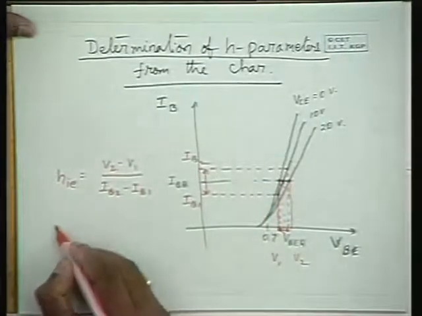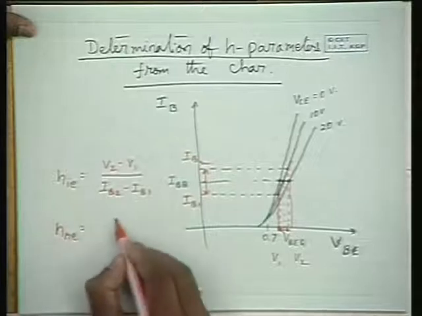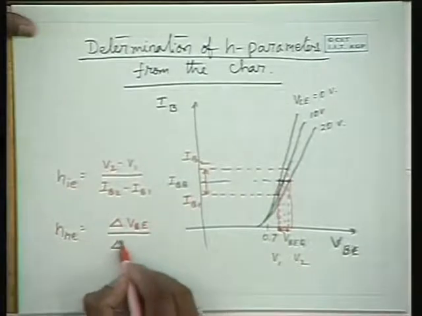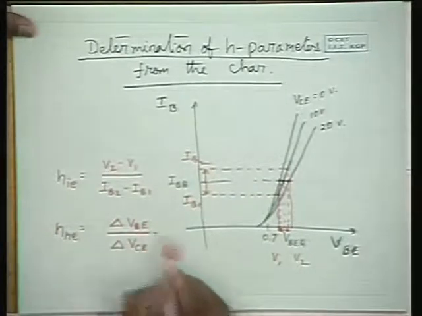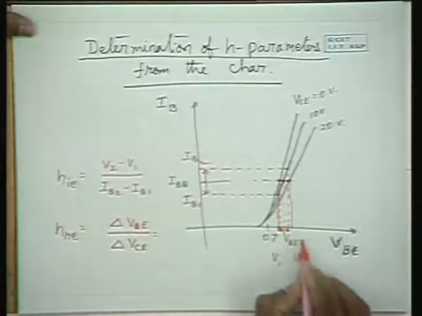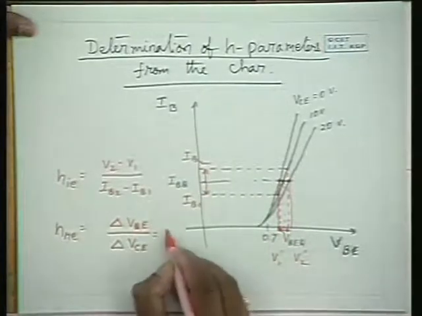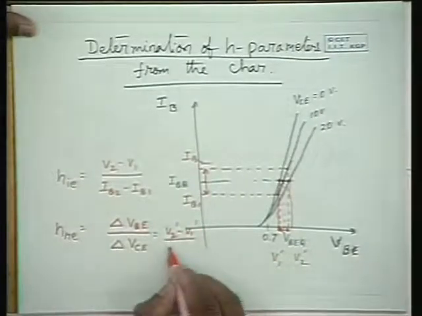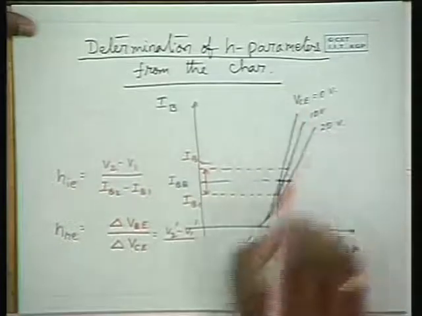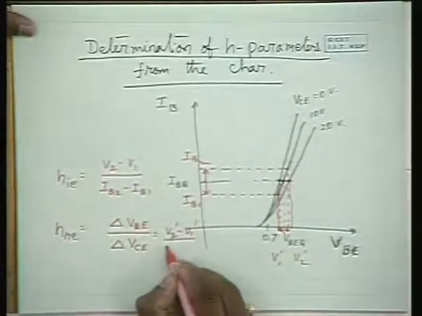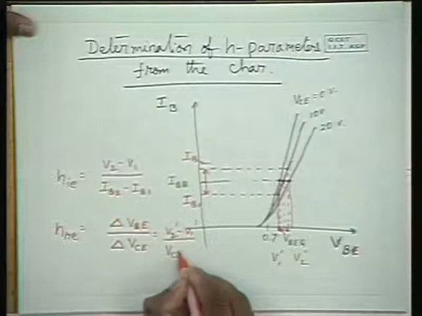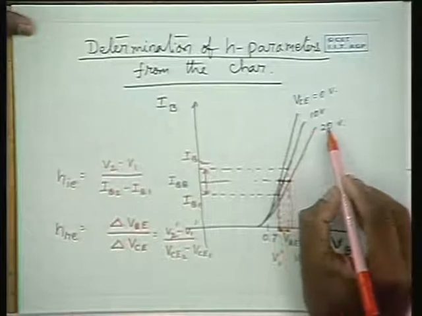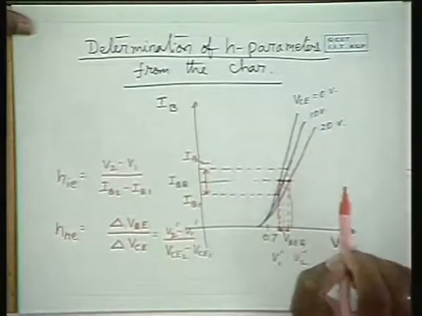So HRE can be obtained by delta VBE by delta VCE, where delta VBE is, if this is V2 dash and this is V1 dash, V2 dash minus V1 dash, and delta VCE is this voltage minus this voltage. Let me call it VCE2 minus VCE1. In this particular application, VCE2 is 20 volts, VCE1 is 0 volts.